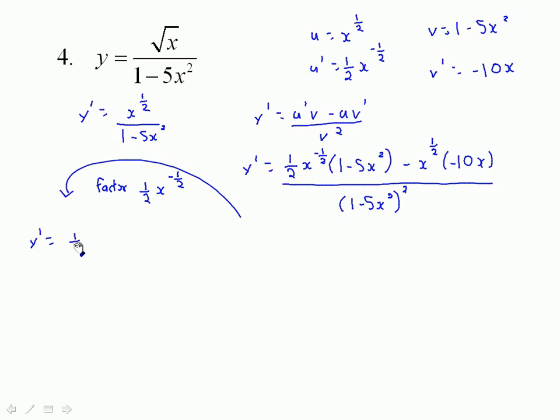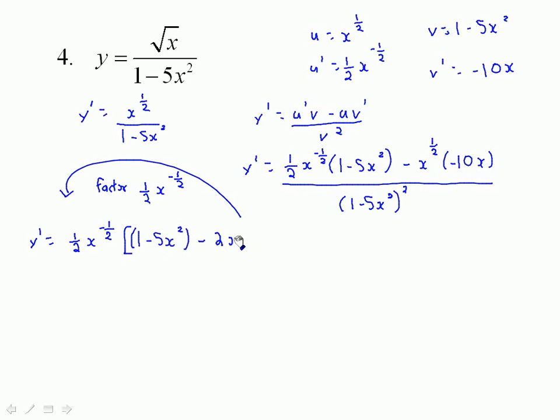So the 1/2 x to the negative 1/2 is removed, and when we divide that out of the first term, that cleans us out, and we're left with 1 minus 5x squared. Put a little bracket around it, even though we don't need that one. And then minus, when we take out, we divide by 1/2, we let it be multiplied by 2. So be careful with that. That'll give you 1 divided by 1/2 is 2.